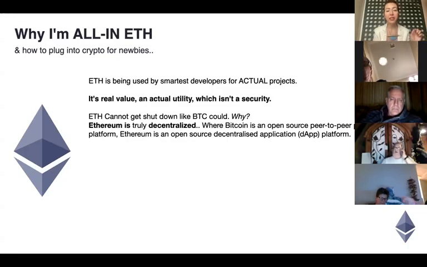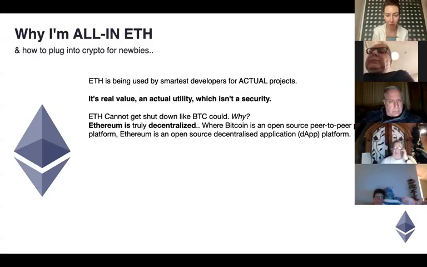So the other thing is Ethereum can't get shut down like Bitcoin could. All right. Why is that? Well, Ethereum is truly decentralized, whereas Bitcoin is an open source peer-to-peer payment platform. Ethereum is an open source decentralized application platform.